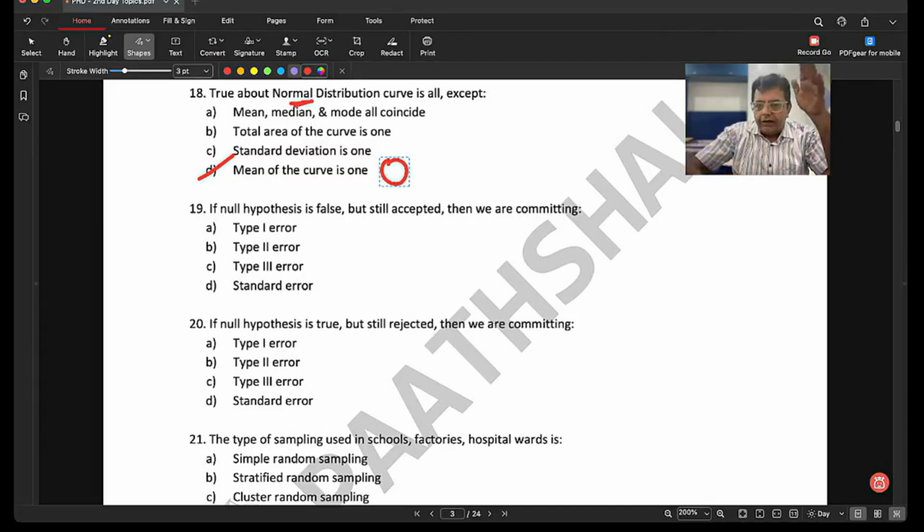Okay, I'm really happy that you are all marking correctly. This is type 2 error, and this is type 1 error.